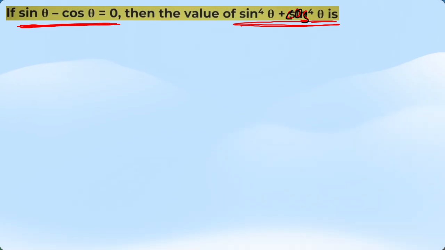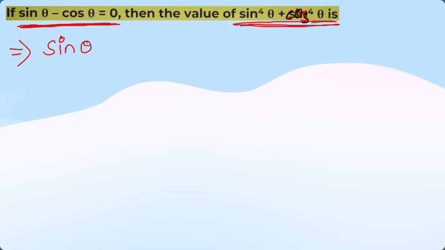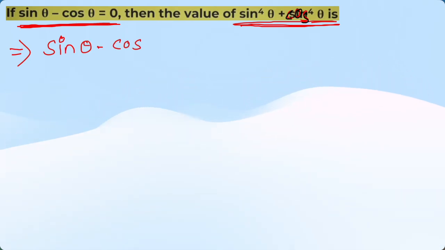See on the board. What is given? In all the questions, first you have to focus on what is given, because with the help of it only we will find what we need to find, right? What is being asked in the question. So what is the given part? That sine theta minus cos theta equals 0, right?